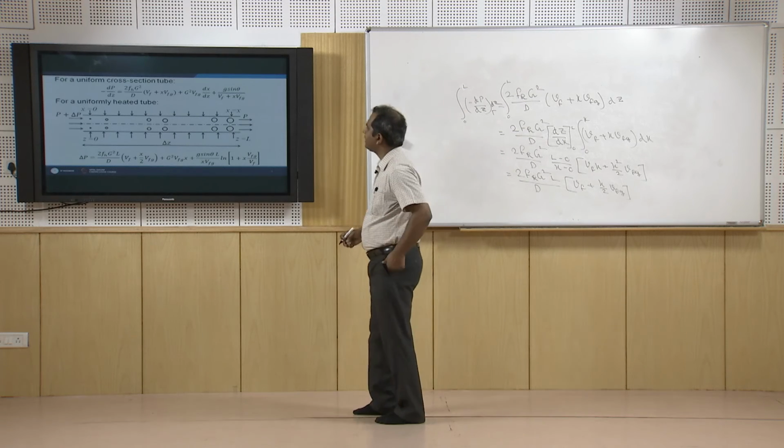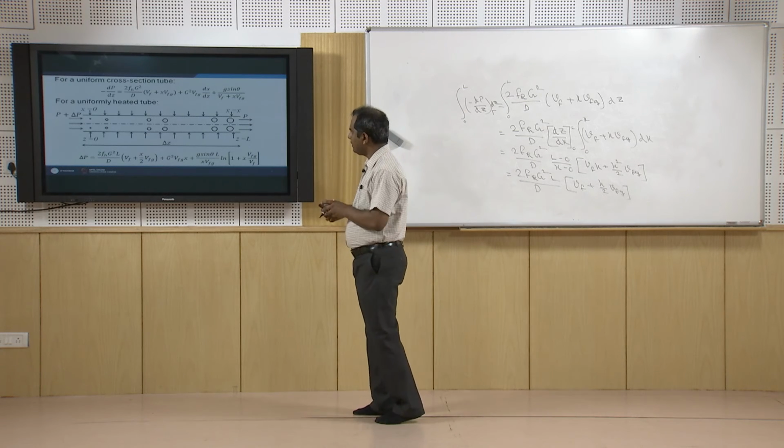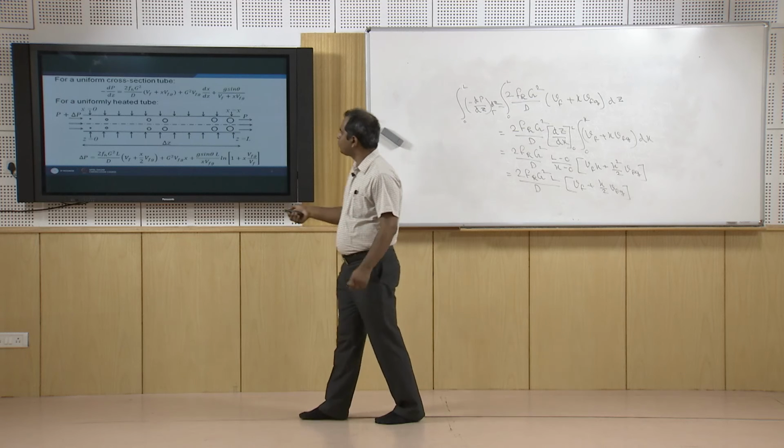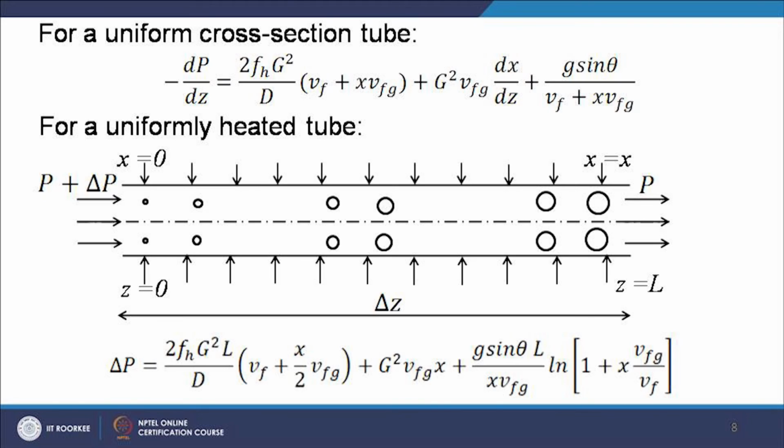You can see over here, this I have shown: 2 Fh G square L by d into Vf plus x by 2 into Vfg. So, this comes by integrating this term with respect to z from 0 to L. Okay. A similar thing we can do for the rest of the terms also. So, you can see G square Vfg, and we are having dx dz. If we integrate from 0 to L with respect to dz, we will be getting x only.